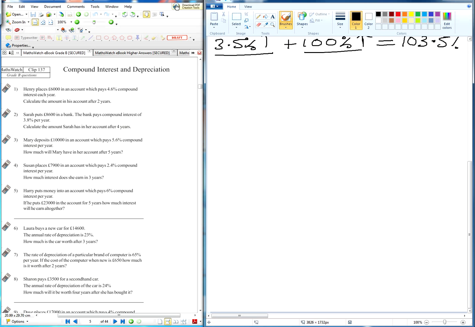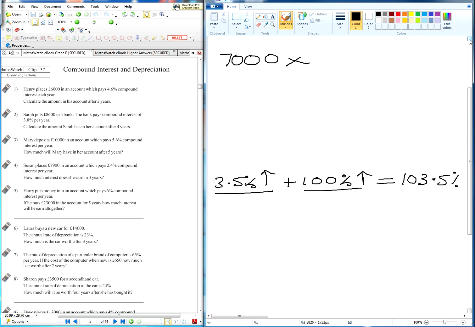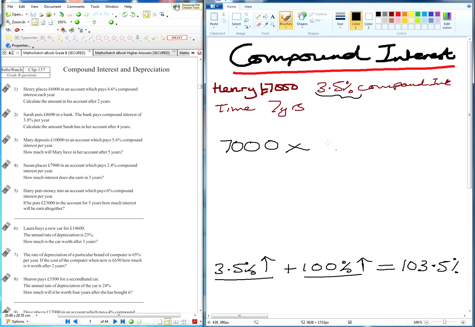When we do our multiplier, we think about 103.5%. We interpret it this way because we've done our little modification by adding 100 onto it.